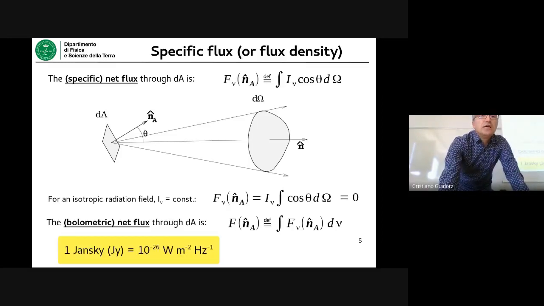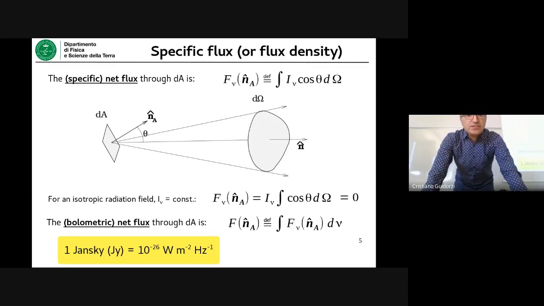Units of measure for the flux density, so F_ν, not the volumetric one, the specific one, there's a specific unit of measure which comes from, well, I'll tell you later. It's called Jansky, and it is denoted with Jy. One Jansky is 10^-26 watt per square meter per hertz.